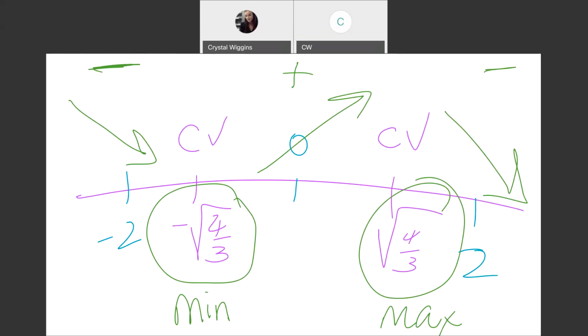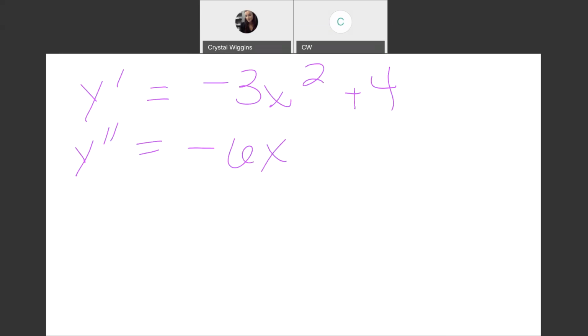Let's now put those test points into the second derivative. In order to do that, we need to calculate the second derivative. So let's go back. We have the first derivative we had calculated as -3x squared plus 4. Our second derivative would be -6x. Oh, well, that's going to make our calculations fairly simple.